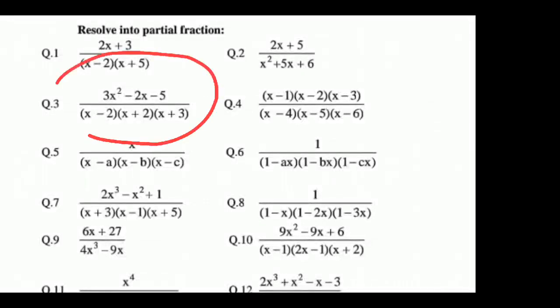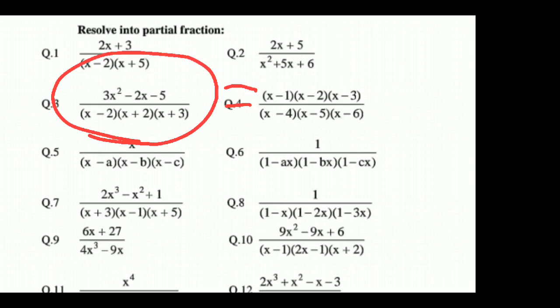For this problem number 3, (3x² − 2x − 5) divided by (x − 2)(x + 3)(x + 2). All three are different factors.